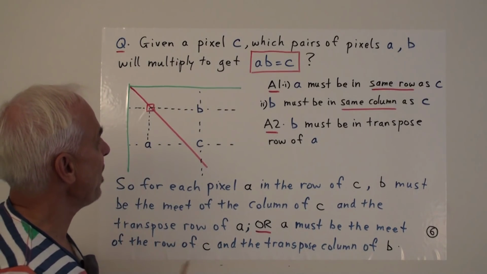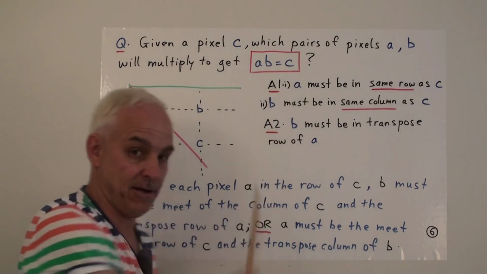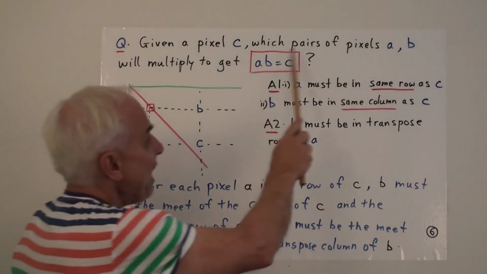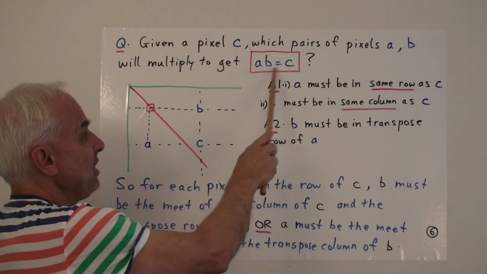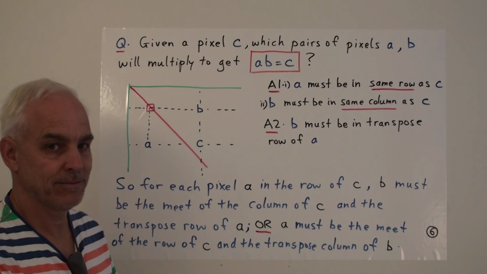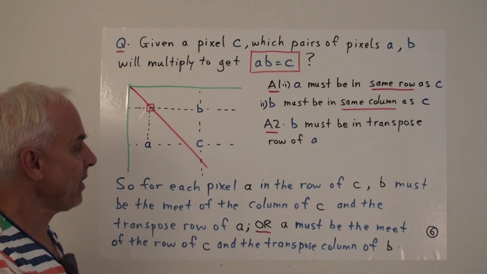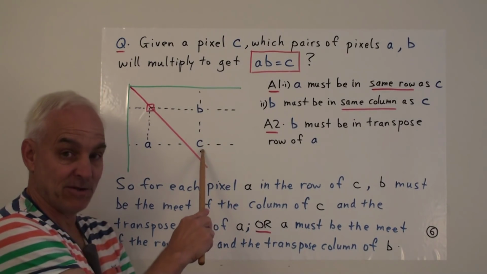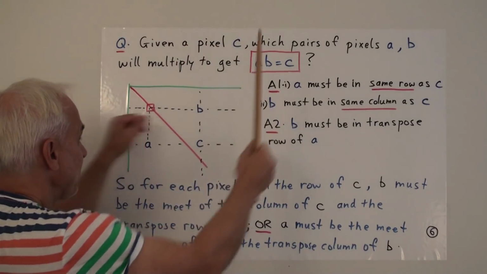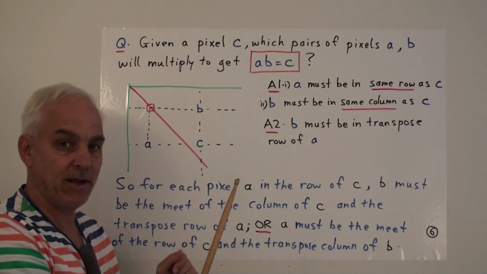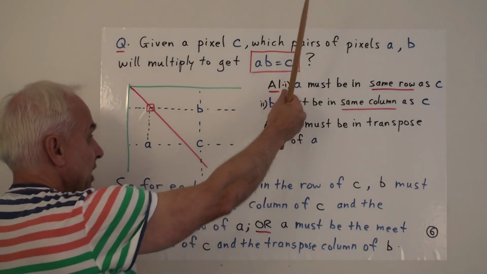So we could ask the question, given a pixel C, what pairs of pixels A and B will multiply to get A times B equals C? So suppose here is our pixel C, and we're interested in how can we find pixels A and B somewhere on the screen so that A times B is going to give us C?